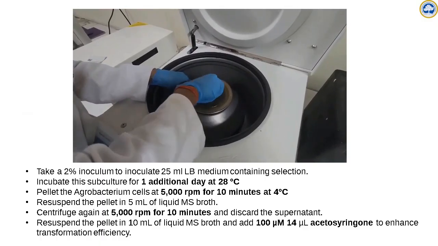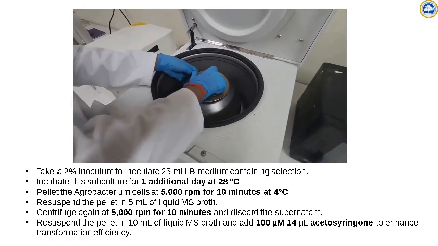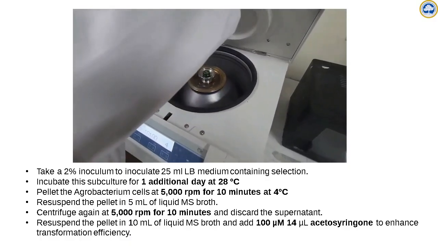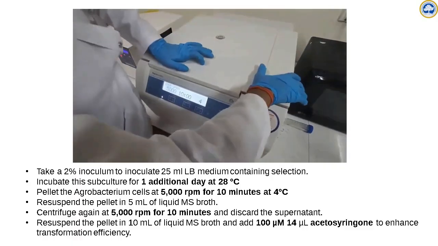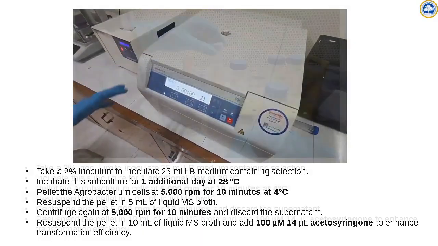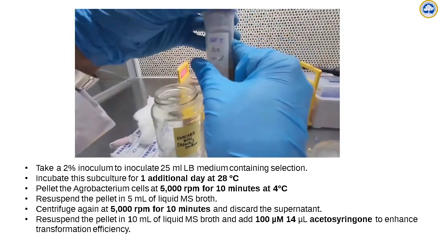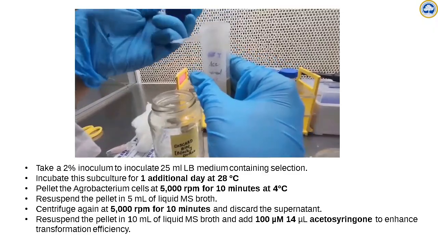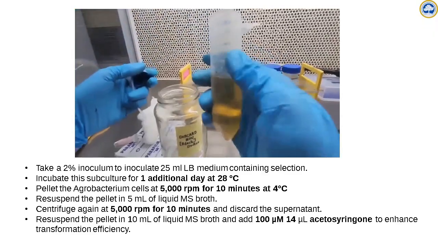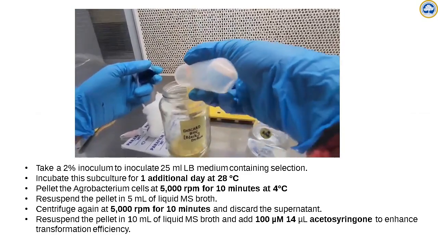Once the pellet is prepared, the pellet is washed a couple of times using MS broth in order to remove the residual antibiotics, dead cells and other floating debris. So once we prepare the agrobacterium, we discard the supernatant and resuspend the pellet in 10 to 15 ml of MS broth.